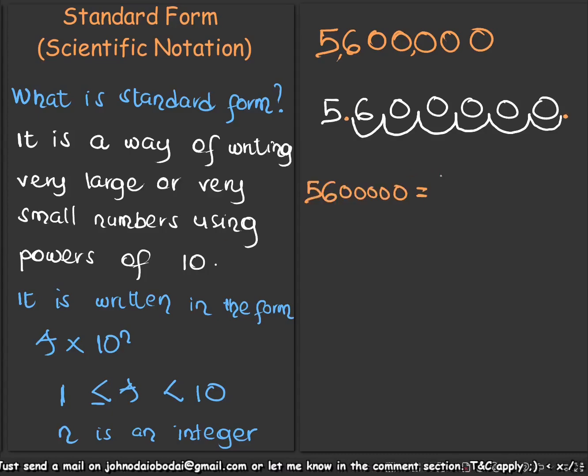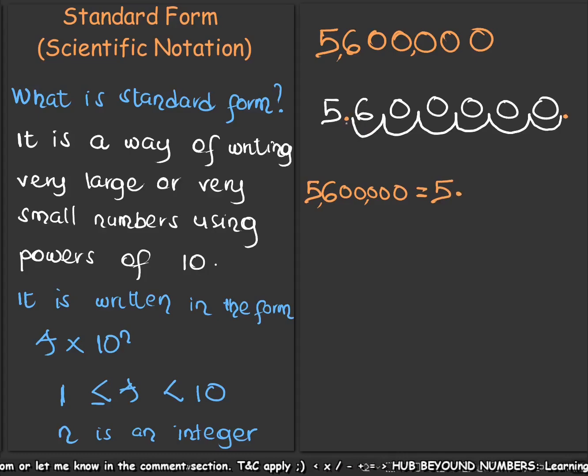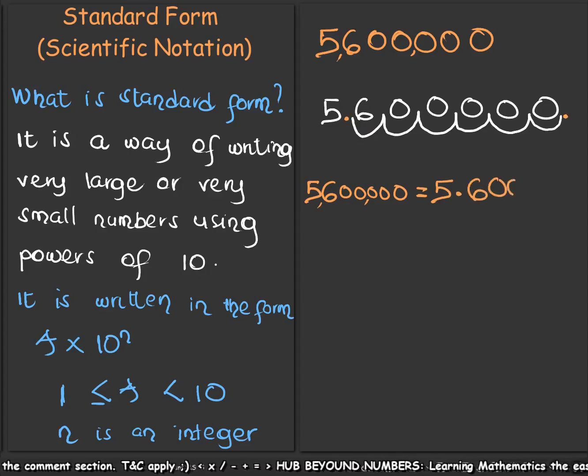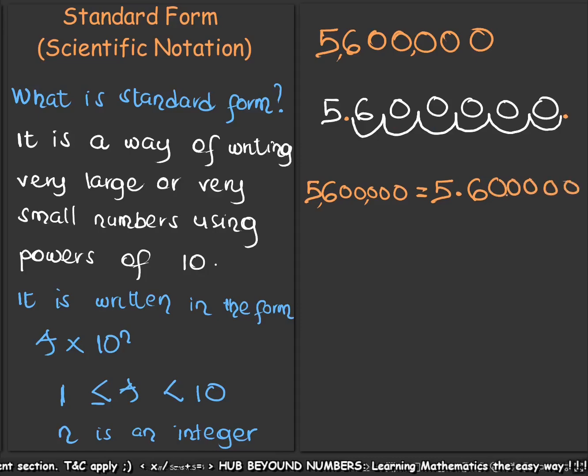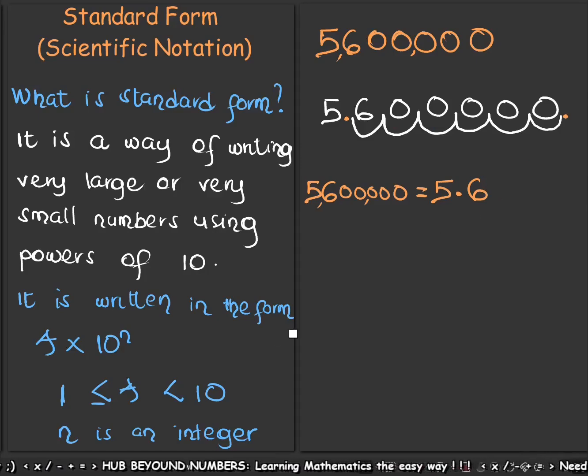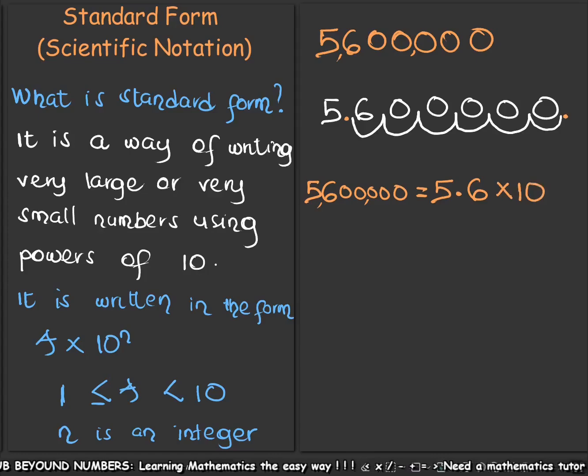Now, as we have moved it 6 times, we can then say that the number, which was originally this, has become 5.6, then all these zeros. We know for decimals, if you have ending zeros, they are not significant, so we can drop them. And then we write times 10.